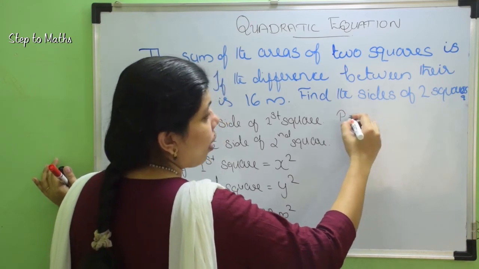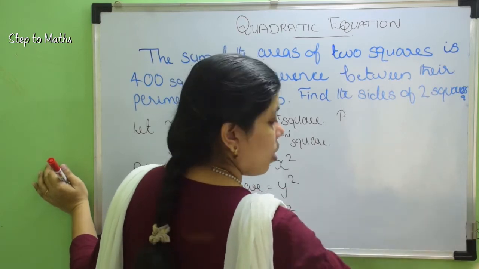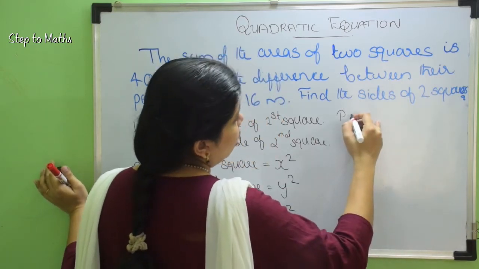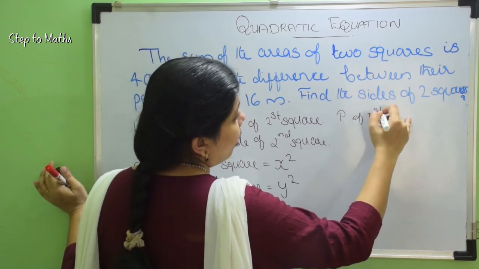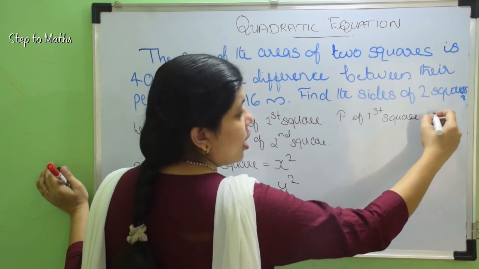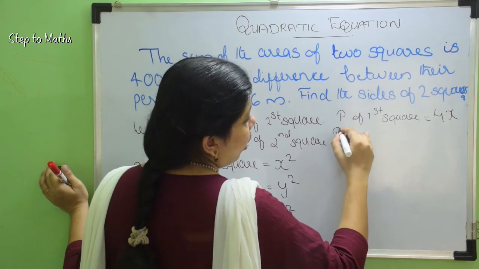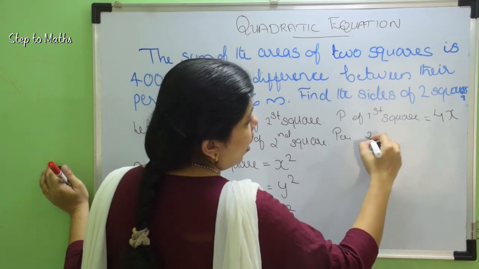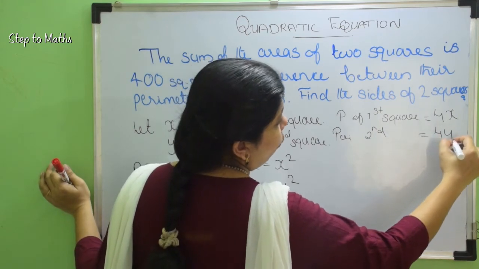Now the second condition: the difference between their perimeters. If x is the side, the perimeter of the first square is 4x, and the perimeter of the second square, with y as the side, is 4y.